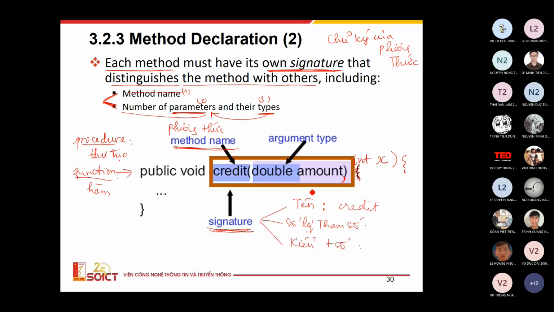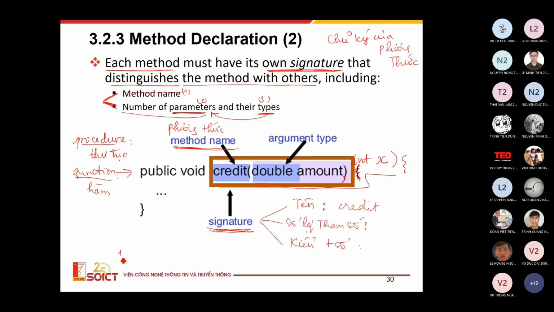The number of parameters is 1. No, here I add x. So how many parameters? No.